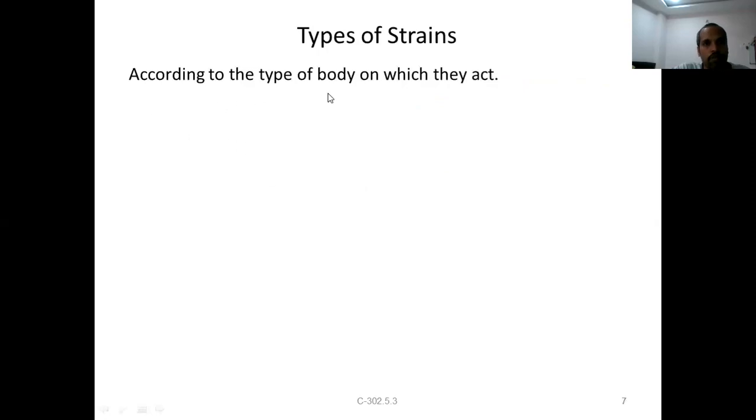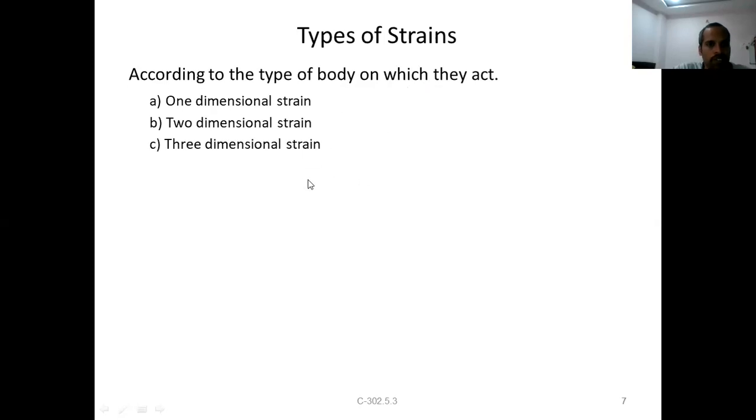According to the type of body on which they act, meaning what type of stress it is subjected to, and whether the body is one dimensional, two dimensional, or three dimensional, just like what we discussed in the types of stresses.